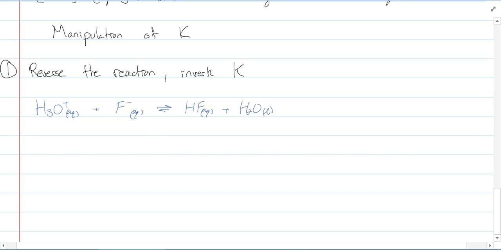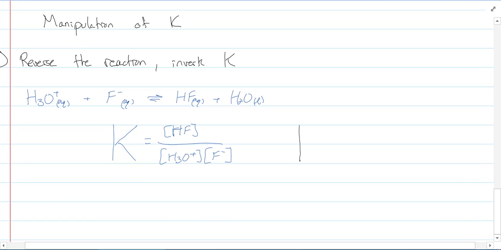This K would be equal to the concentration of products, HF, all over hydronium and fluoride, which would be the inverse of the K from above, where we have hydronium and fluoride all over HF.